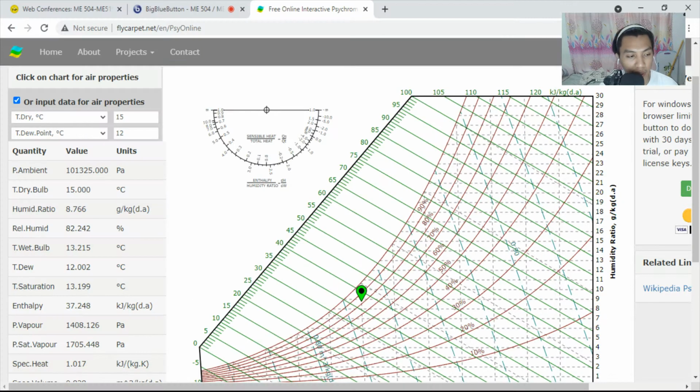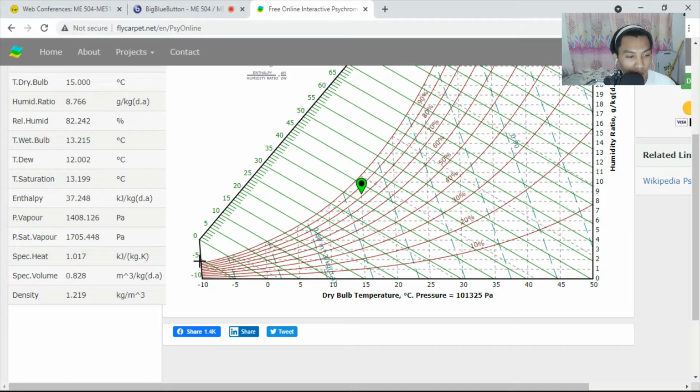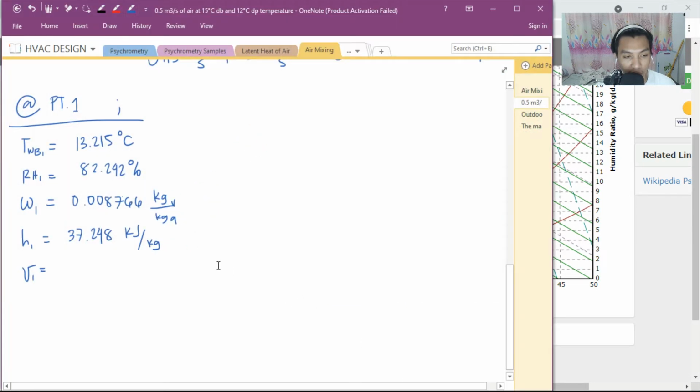Yung V1, specific volume, 0.828 meter cube per kilogram. Ayun, nasolve natin. How about at point 2?